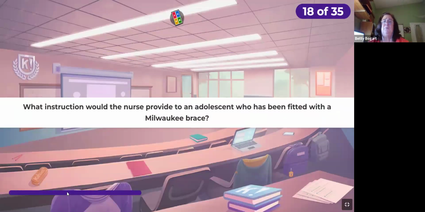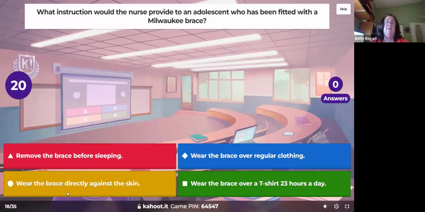What instructions would the nurse provide to an adolescent who's fitted with a Milwaukee brace? That's the name of the brace that we use for scoliosis. That's the proper name.